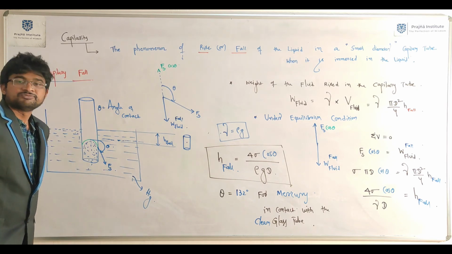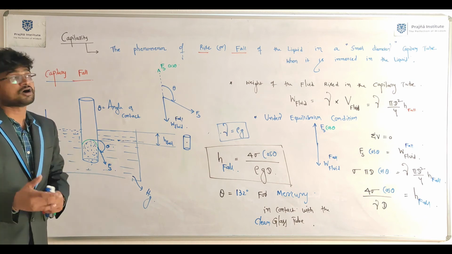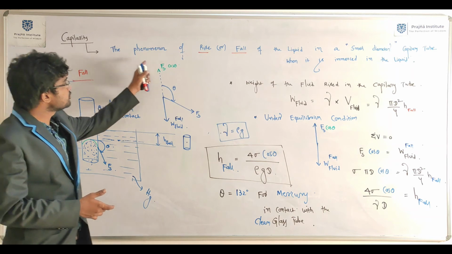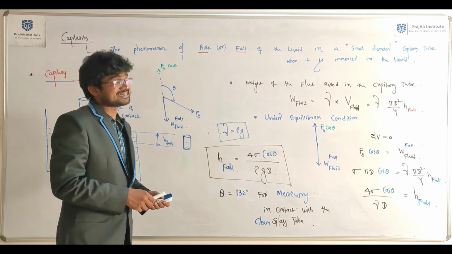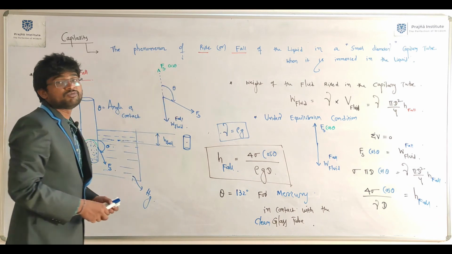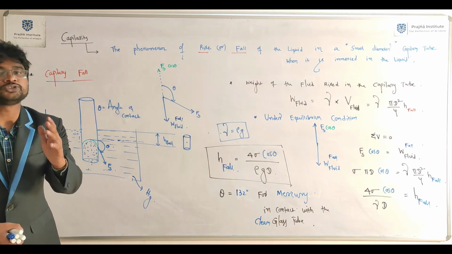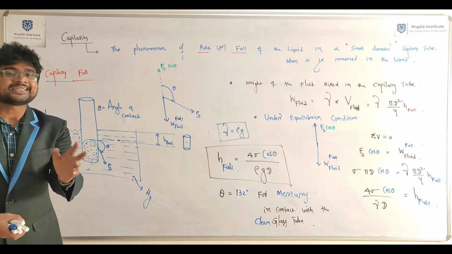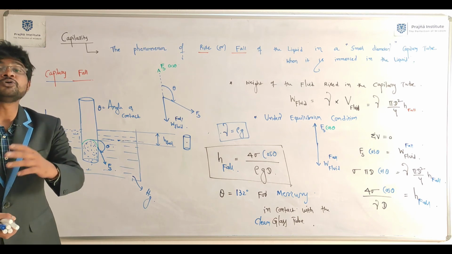That's it. We discussed what is the phenomenon of capillarity. It is nothing but the phenomenon of rise or fall. We discussed capillary rise, which you have seen when you immerse a capillary tube in water. We discussed two cases, ordinary water and pure water.